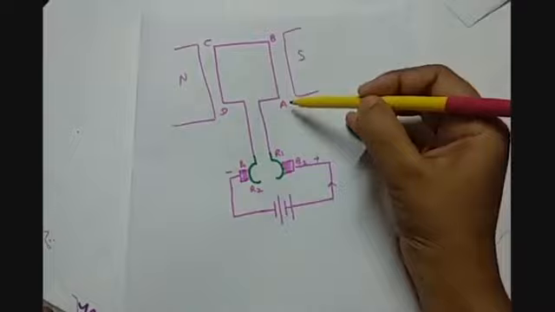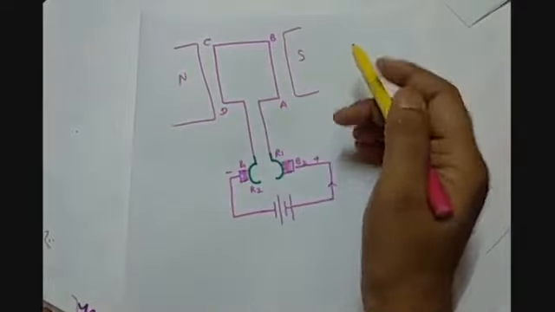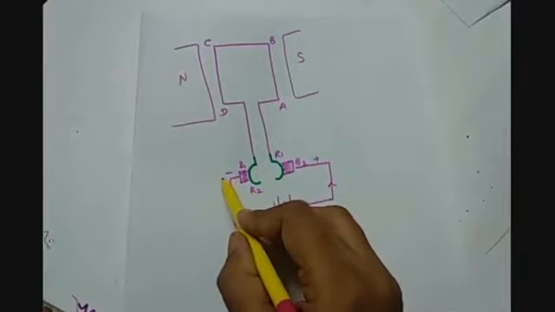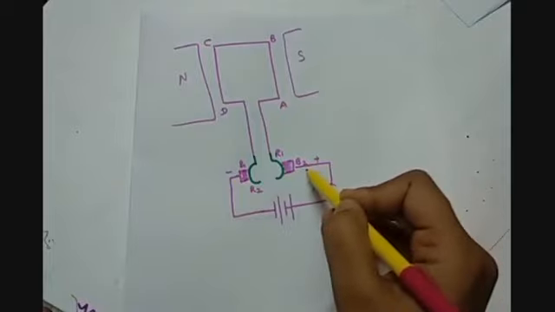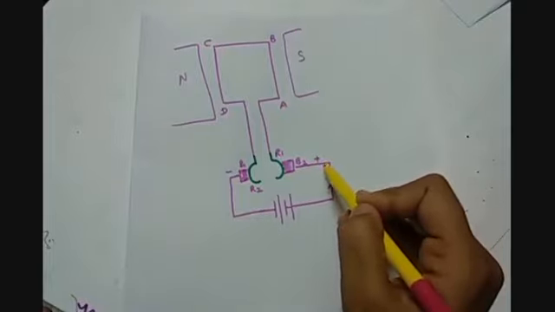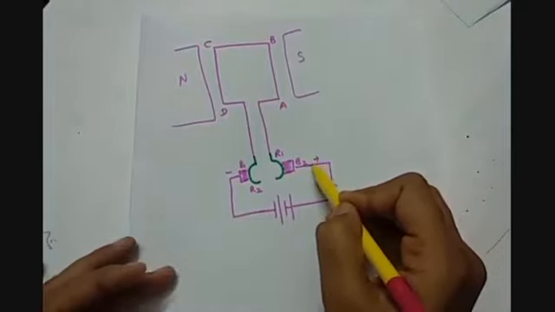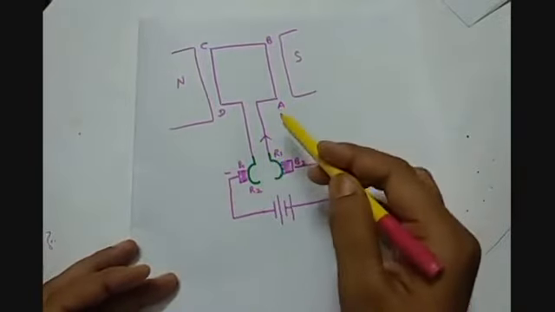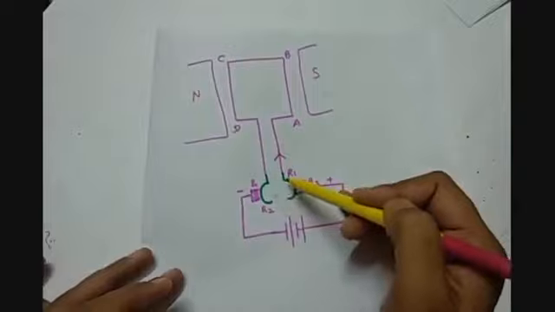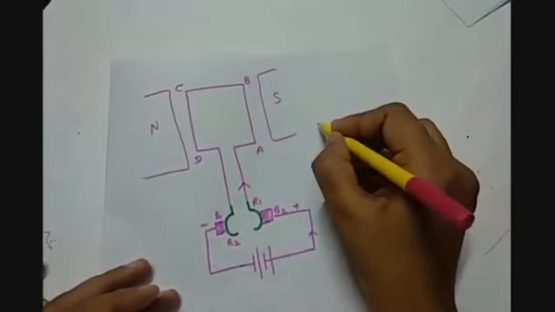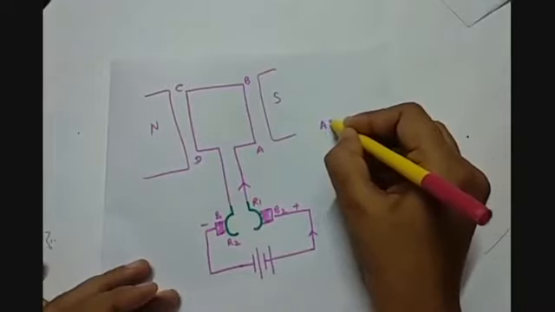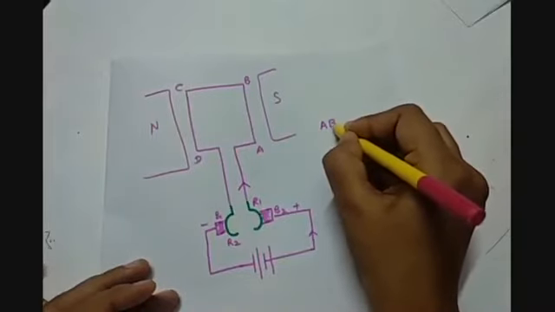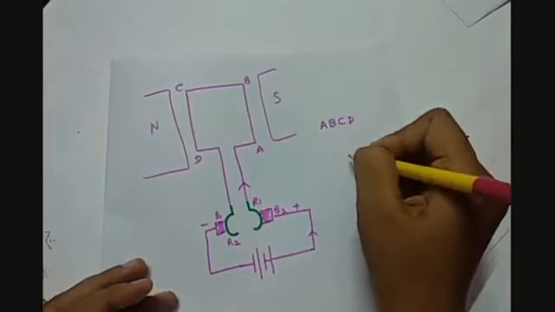Only the arms are changing, but B1 is still the negative terminal of the battery and B2 is still the positive terminal of the battery. So it will always give the current in this way. But now the current flows from A, B, C, D.